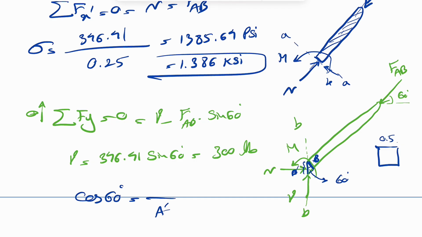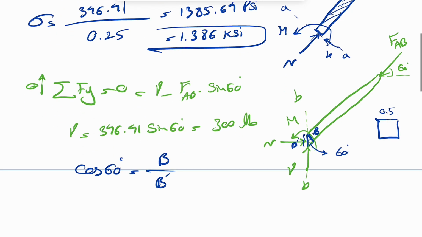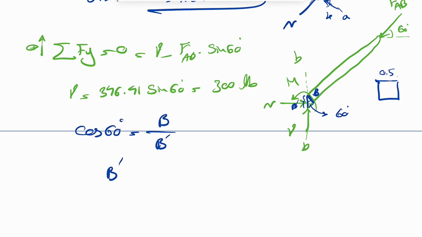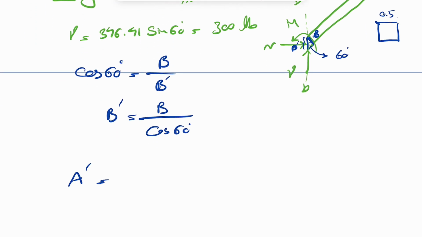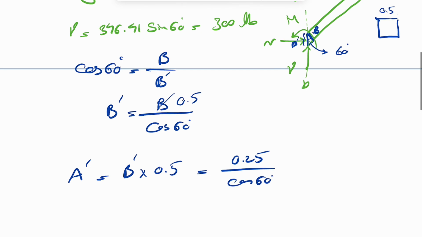So A and A prime would be, so let's call A, so cosine of 60 would be B over B prime, which means B prime is equal to B over cosine of 60 degrees. So the area A prime would be B prime times 0.5, or B, which we know is also 0.5, so 0.25 over cosine of 60 degrees.